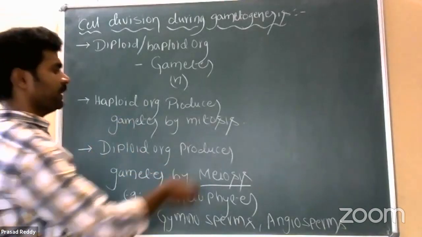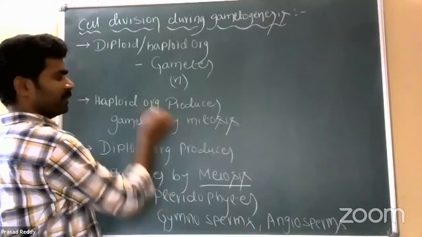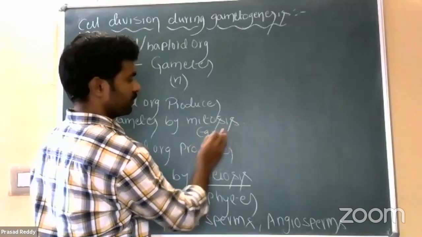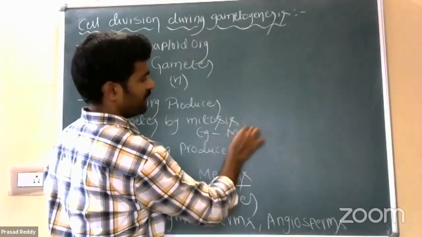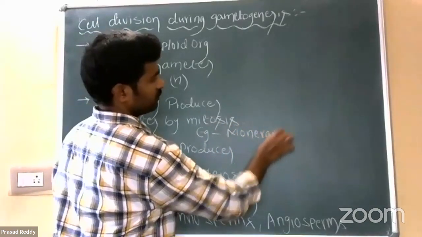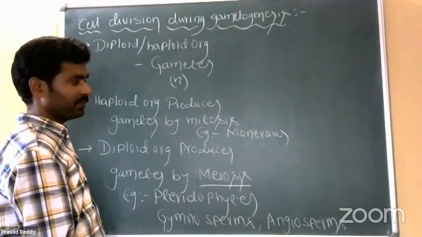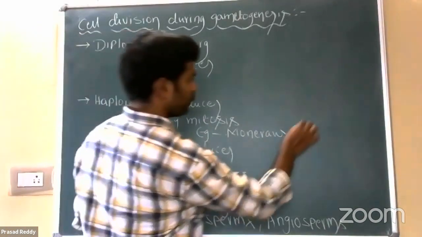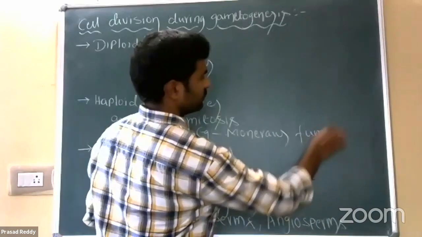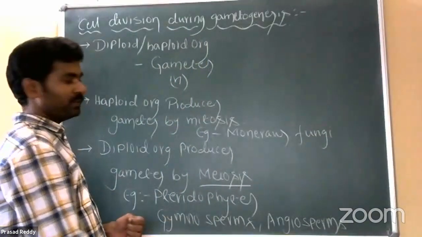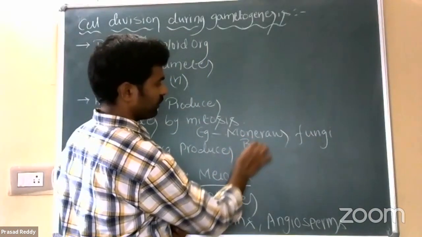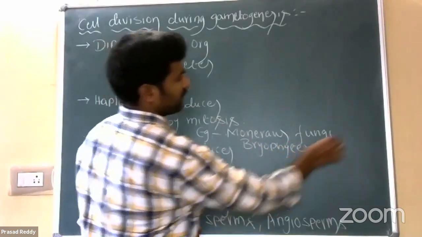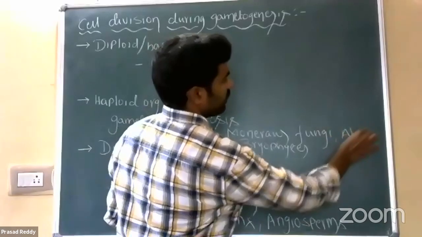But what about haploid organisms? The best examples for haploid organisms are moneras, then fungal members, and bryophytes, then algal members.